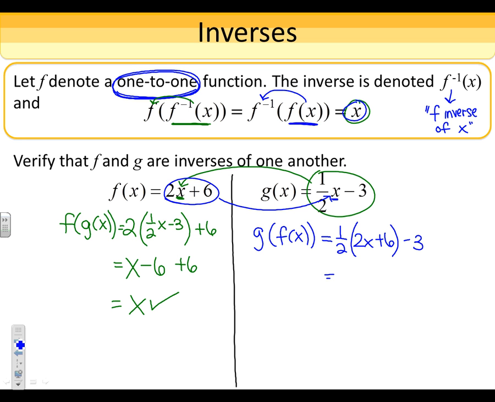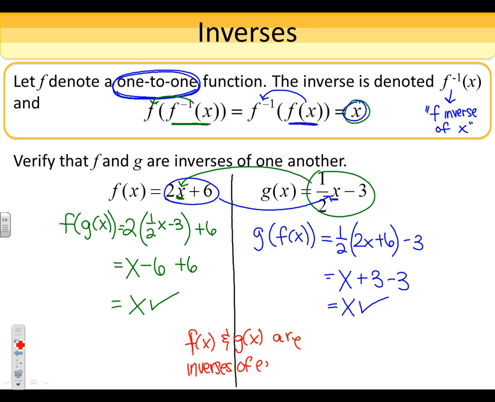Distribute that 1/2. 1/2 times 2x is 1x. 1/2 times 6 is 3. And I get x. So if I compose the two equations together both ways, and I get x both times, this means f of x and g of x are inverses of each other.